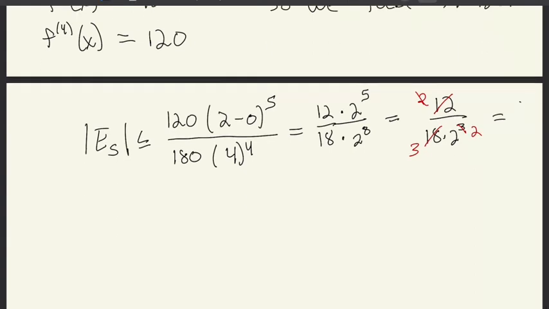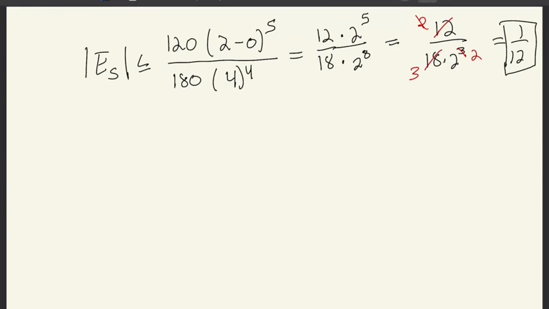And the 2 cancels with the power of 2 in the denominator. So that is 1/12. So notice that the error that we got with Simpson's rule in the last example was the maximum error that we could have gotten.